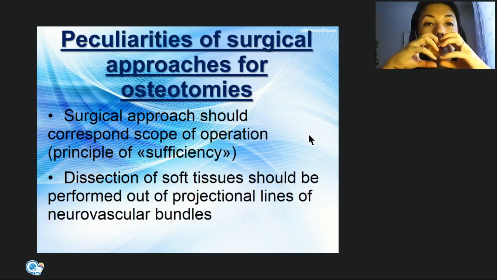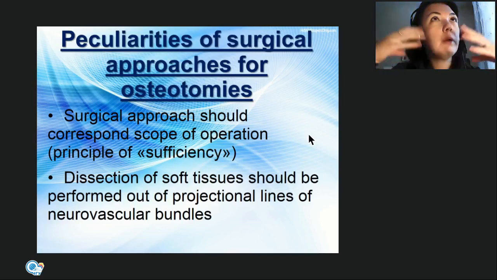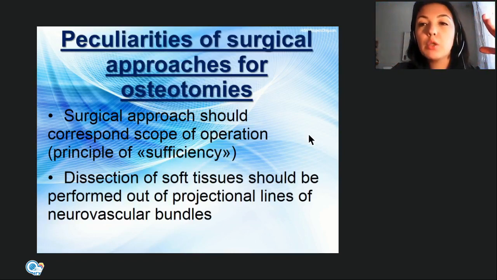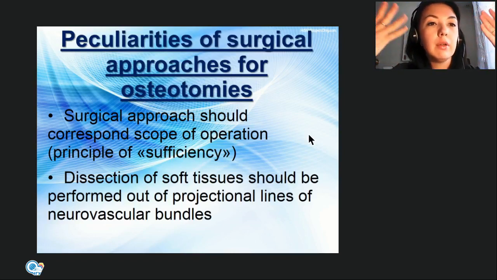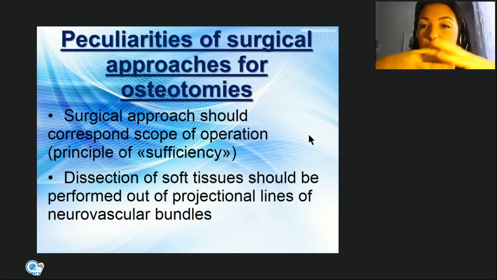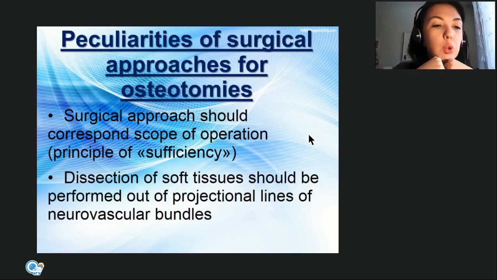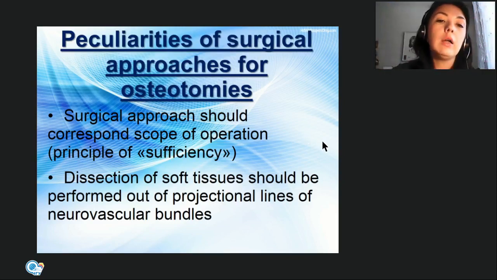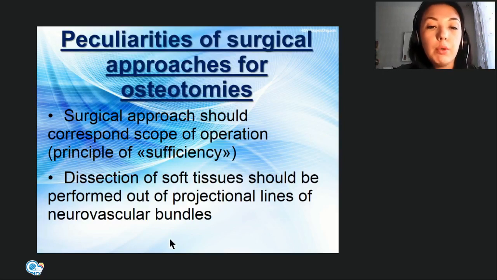The approach should be wide enough to provide proper function of the surgeon in the wound, and small enough to provide fast recovery. Dissection of soft tissues should be performed outside the projectional lines of neurovascular bundles. Obviously, we do not need to perform any interventions on the nerves and vessels, so we should try to avoid them.